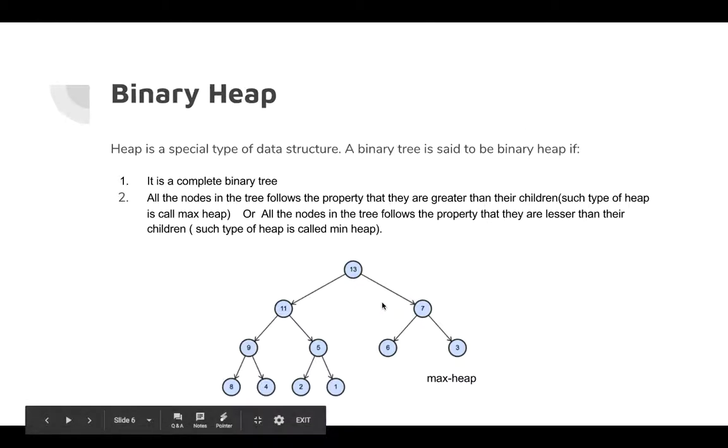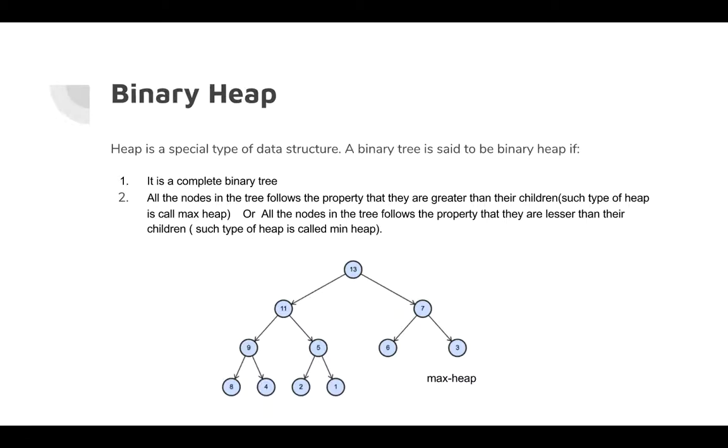Basically, binary heaps are of two types: a max heap and a min heap. All the rules which are applicable to one type of binary heap are also applicable to the second type as well. We'll discuss mainly max heap in this video.